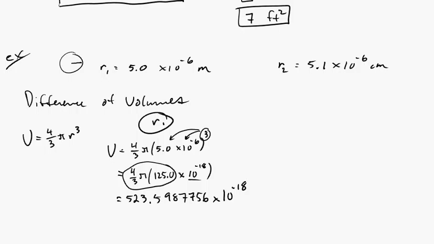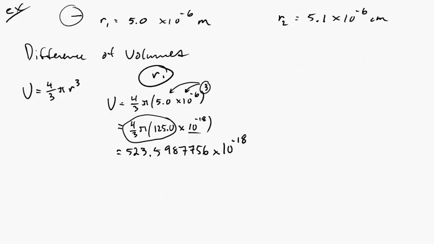Okay, now we're going to have to do an adjustment here. Remember how I said that the decimal should be after the first leading number. So we need to rewrite this as 5.2. And I'm also stopping there because we only had 2 sig figs to begin with. So I'm going to round after 2 sig figs.